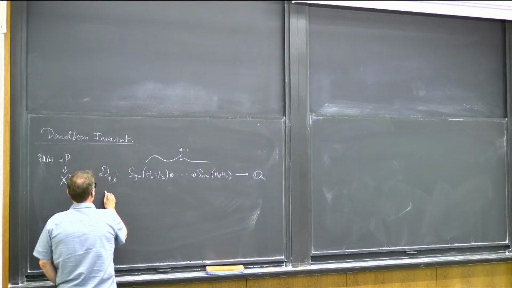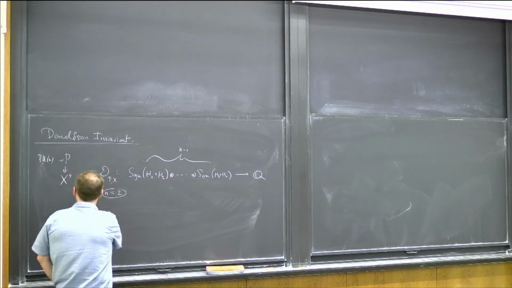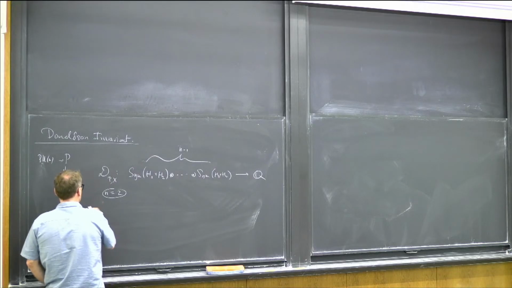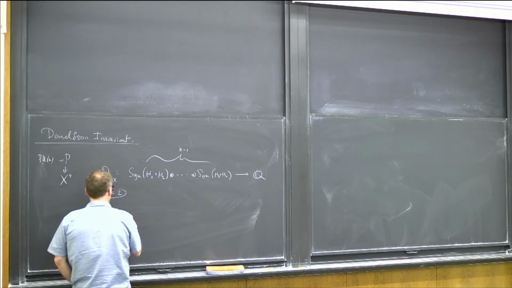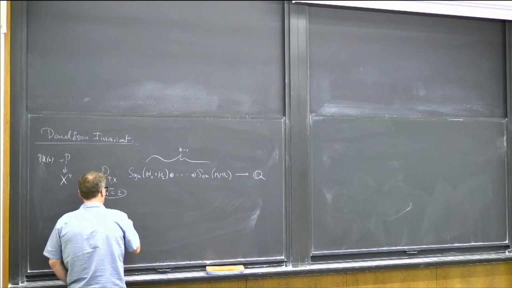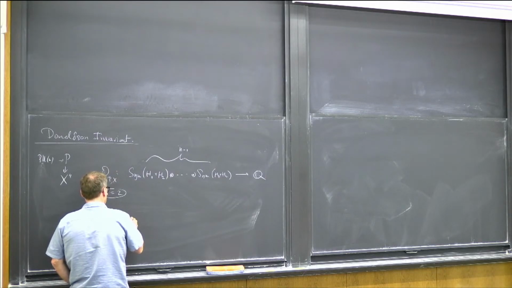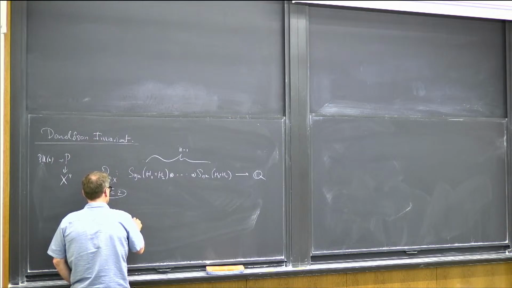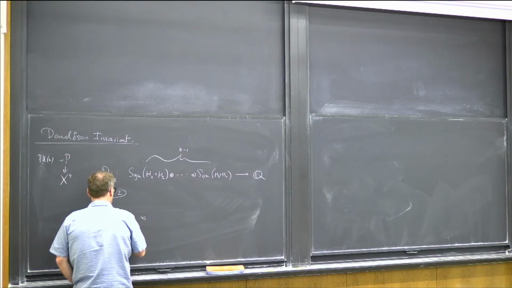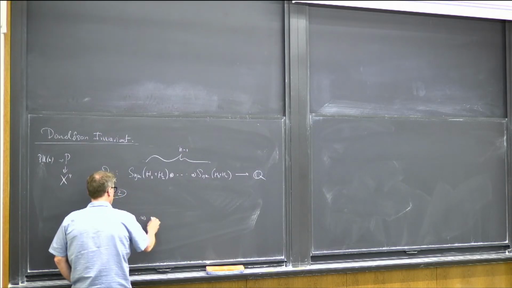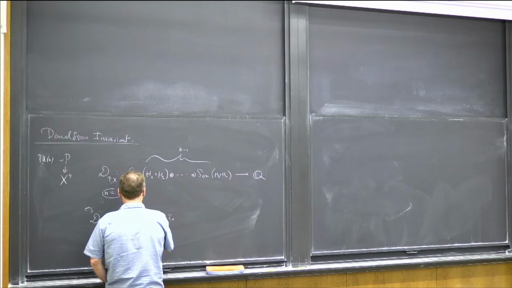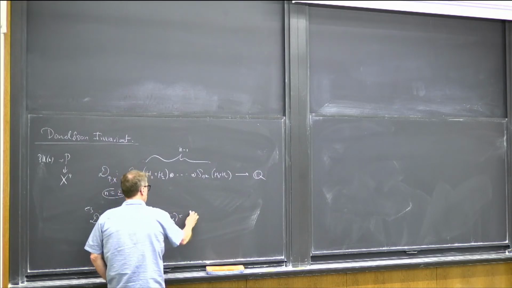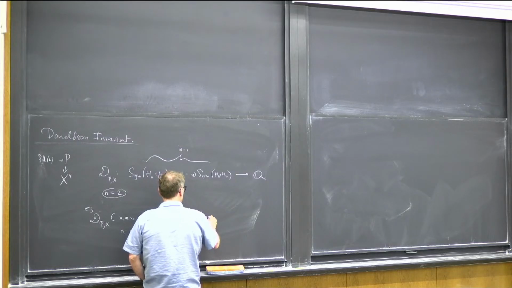So let's just stick to the case where N is 2, so there's only one of these guys. This would be evaluated on some generators, so a bunch of points in X and a bunch of surfaces, sigma 1 through sigma L. That's where you get these mu classes.